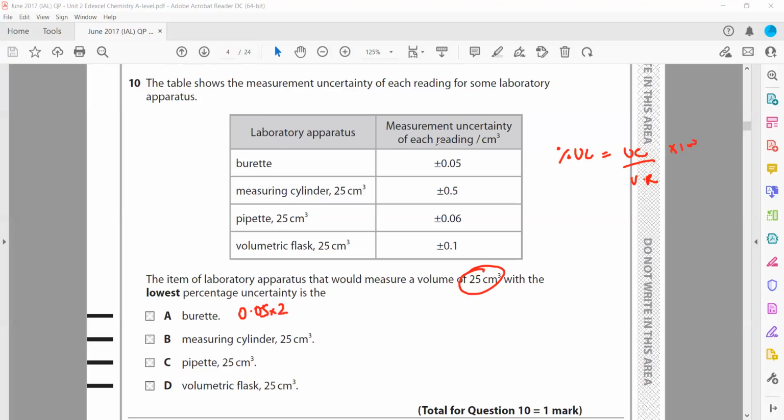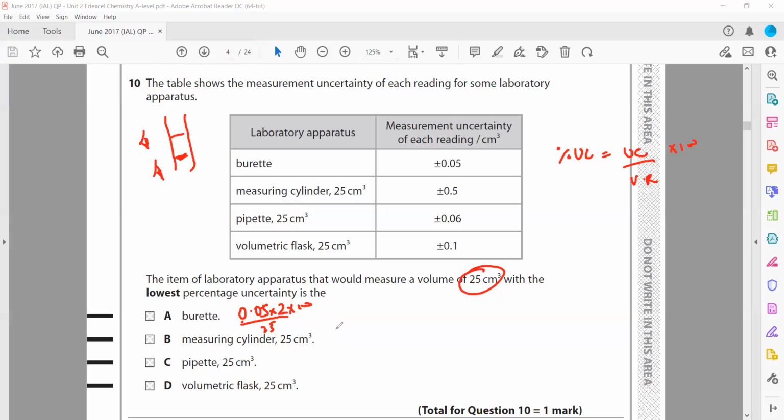Because whenever a burette is used, we measure the initial volume and the final volume, so we measure volume twice. That's why it is multiplied by 2 and divided by the value recorded, 25, times 100. This will give the percentage uncertainty in the burette.